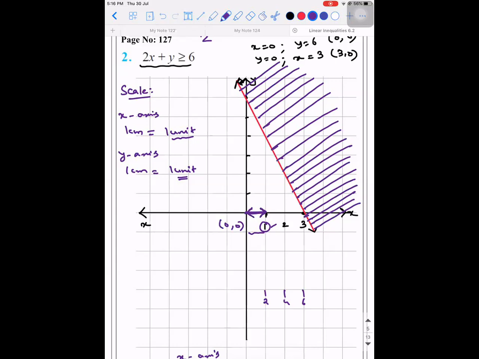No, 3, 0 will also satisfy. Substitute 3, 0. 3, 0 is not greater than 6, no, sir. It is equal to 6. No. The inequality is greater than or equal to. How, sir, equal? 3, 0, how, sir, equal to? Hey, 3 into 2 is how much? Okay, sorry, sir. 6 plus 0 is equal to 6 only, no?